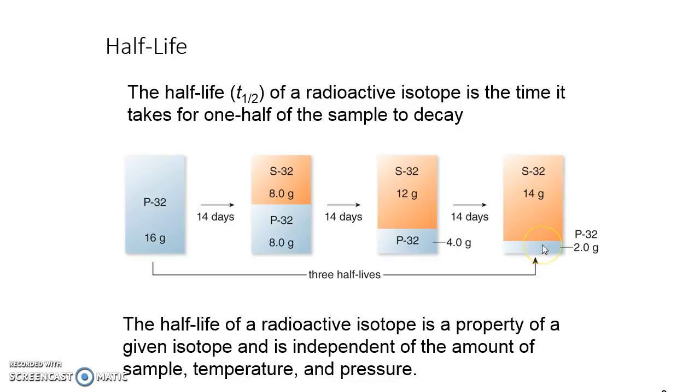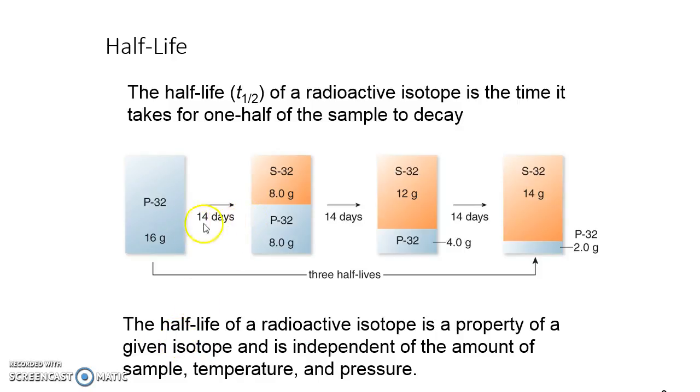And if another 14 days were to elapse, there'd only be 1 gram of phosphorus 32, and on and on and on. This half-life is independent of temperature, pressure, the amount of the sample. Every time you find it decomposes, half remains after that half-life expires.